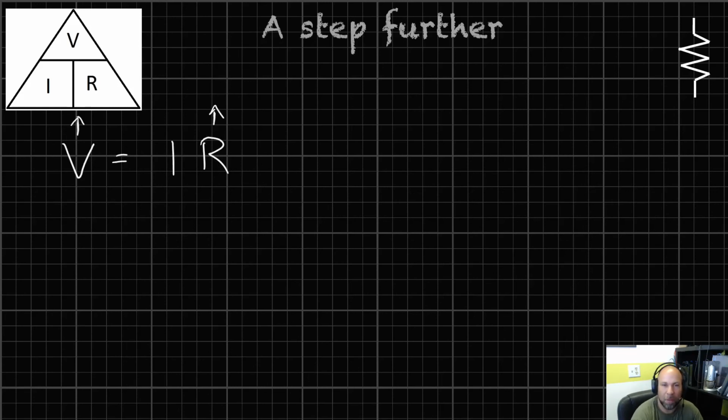For instance, if voltage is going up, the pressure of electrons in our electrical circuit is increasing, and we know that the current is not changing, then that must mean the resistance is also rising, right? We're putting more pressure through our hose, and we're not seeing any more flow of water come out at the other end. That means the resistance, that kink in our hose, must have gotten tighter.